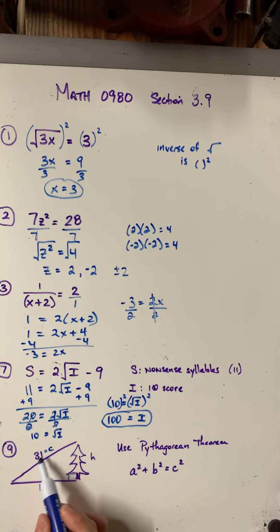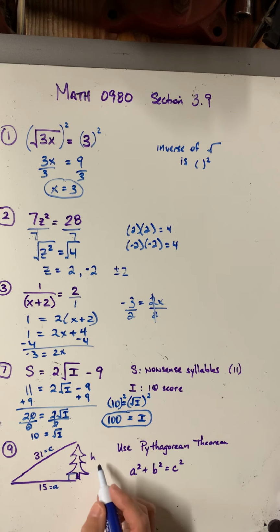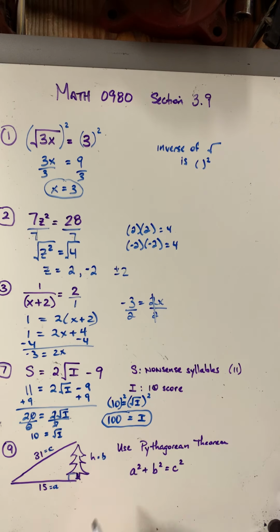It's the longest side, right? So we could call this one a and this one b, doesn't matter, or we could leave it as h. So if I use this formula, then I would write 15 squared plus the height squared equals 31 squared. The next thing I would do is go ahead and square those numbers.